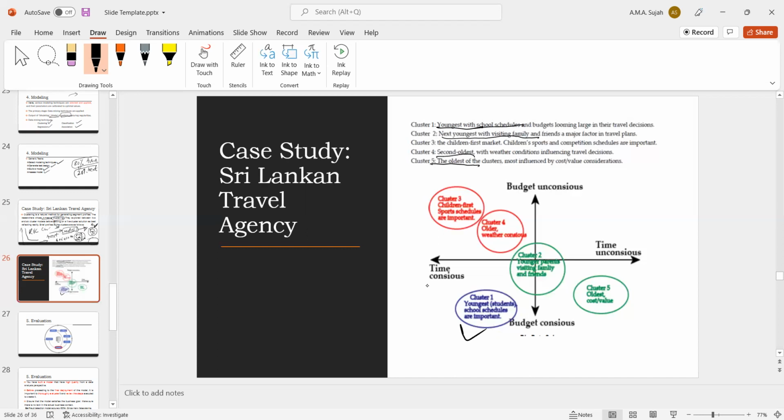Likewise, they are clustering their tourists. Based on these clusters, they will do different work. This is their ultimate goal. They need to cluster their tourists into n number of clusters. This is the outcome of these modeling techniques.